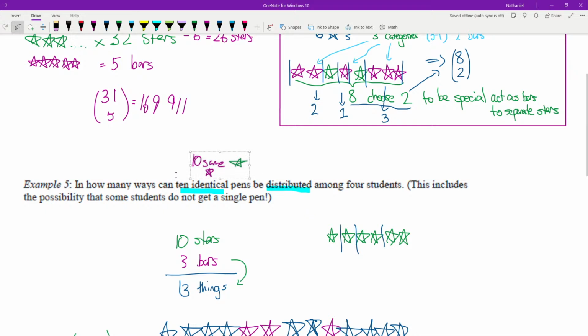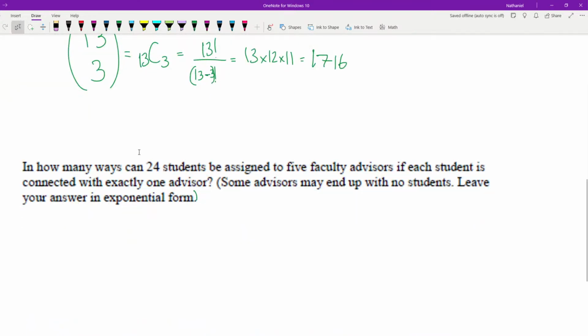It's that the 10 identical pens, they are the same. Are these the same thing? Same students? They're not the same students.